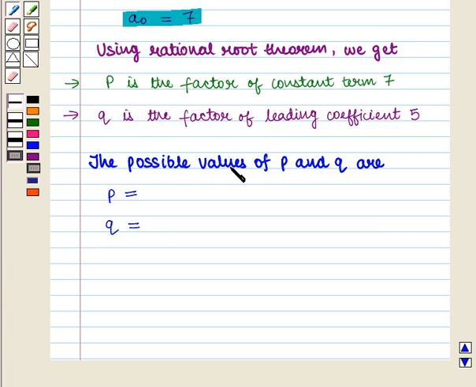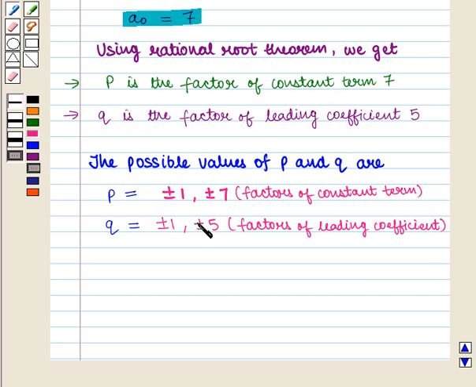Now, the possible values for p will be ±1 and ±7, as ±1 and ±7 are the factors of the constant term 7, and possible values for q will be ±1 and ±5, as ±1 and ±5 are the factors of the leading coefficient 5.